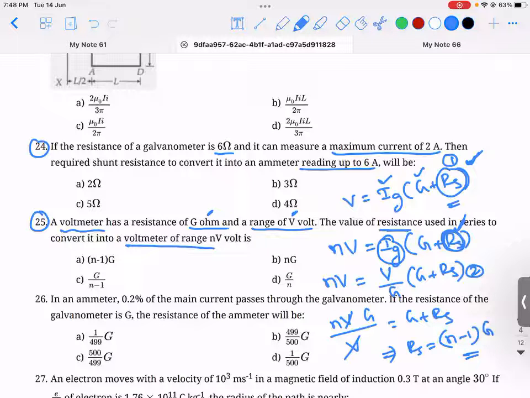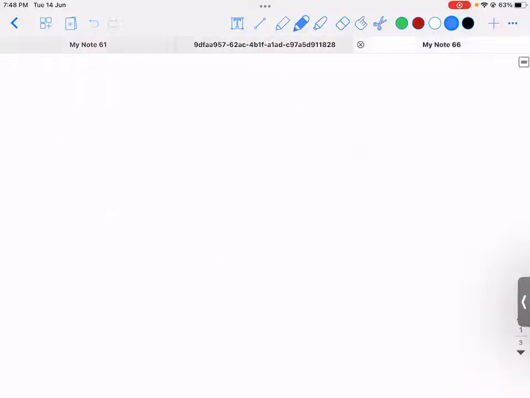V is equal to IR. Okay, then what did you take V is equal to? V is equal to IG into (RG plus RS). Correct. You took resistance of galvanometer plus resistance of series.